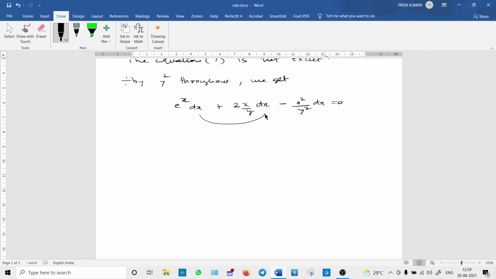Now we just put this in a common form: e power of x plus 2x by y into dx minus x square by y square into dy is 0.